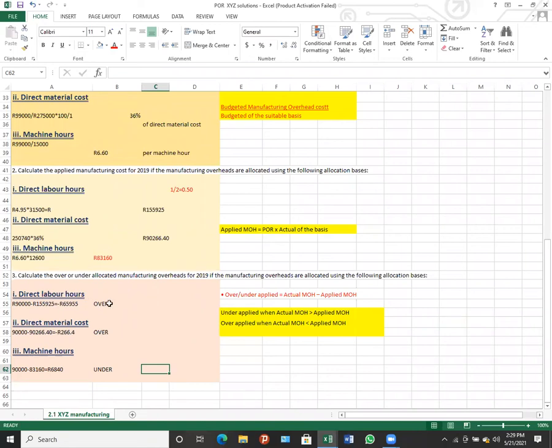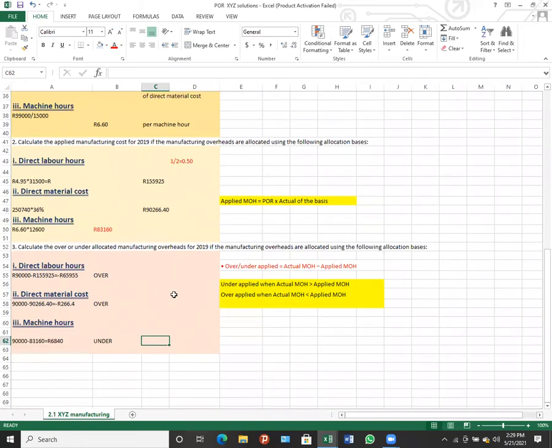Negative is over, positive is under. It's up to you whether you check here or check whether your calculator gives you a negative or positive answer. But I advise you, just check your applied, whether it is high or low.